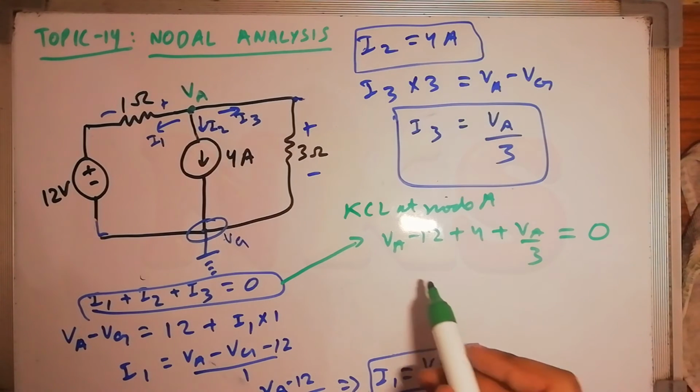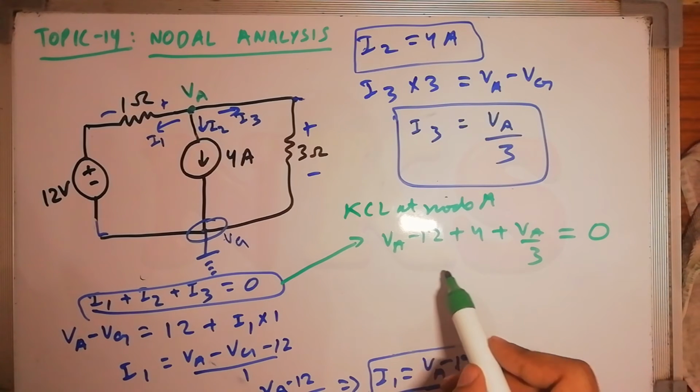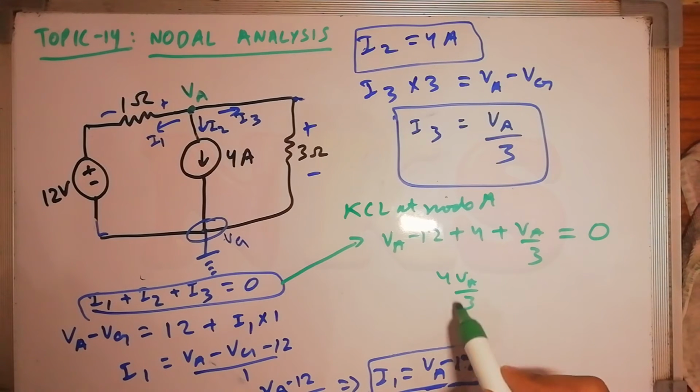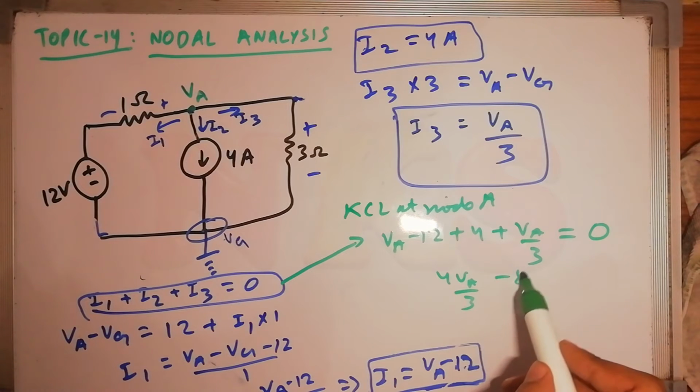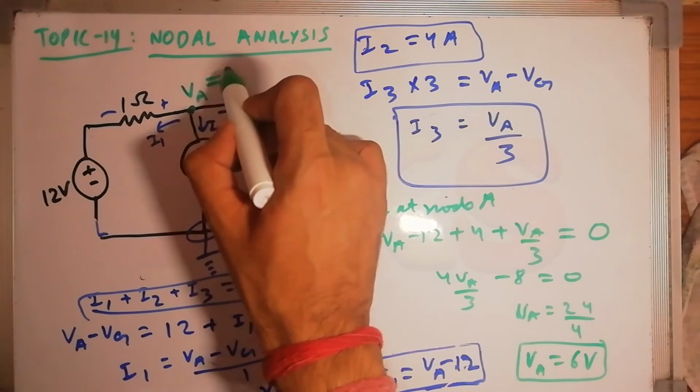Simple. So VA plus VA by 3 will be 4 VA by 3, minus 12 plus 4 will be minus 8. So 4 VA by 3 is equal to 8, so VA will be 6 volts. So VA comes out to be 6 volts.